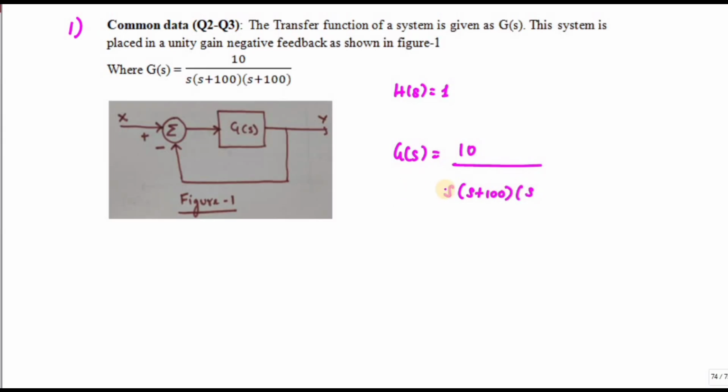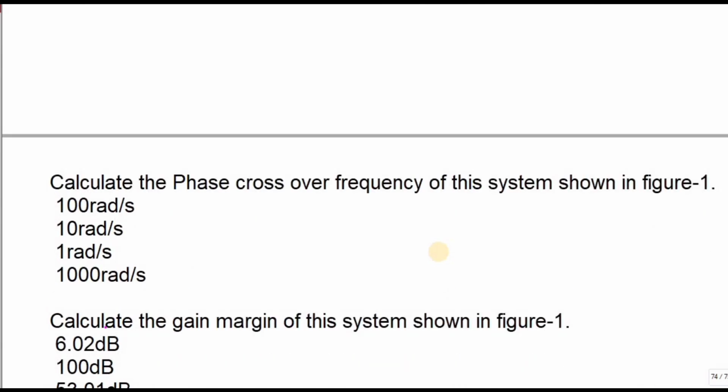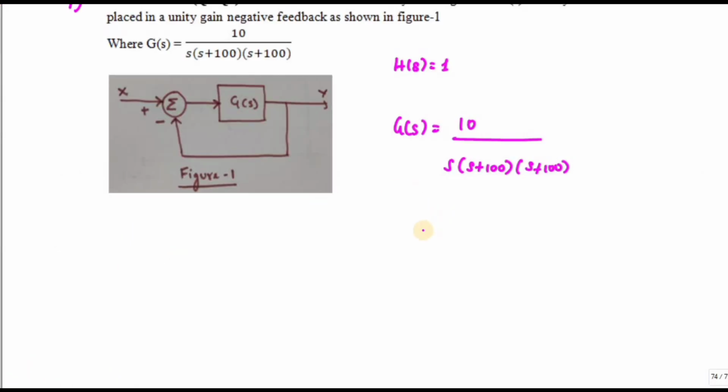I can take the square, or I can split this one and write it down. Only for the loop gain, you have to calculate the gain crossover frequency and phase crossover frequency, and therefore you have to substitute G of j omega instead of S.